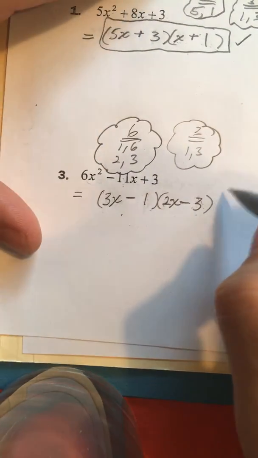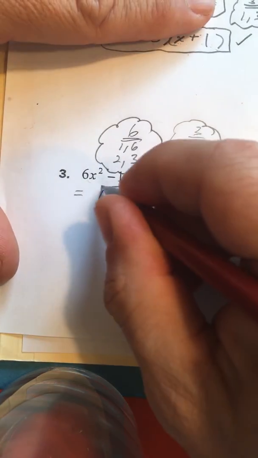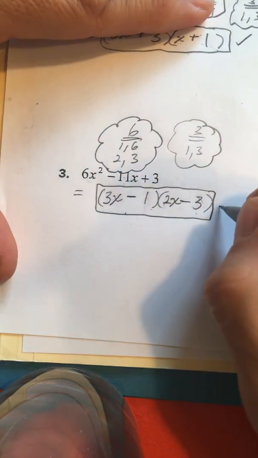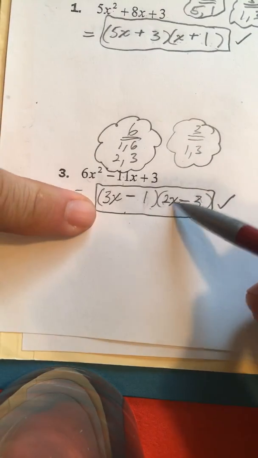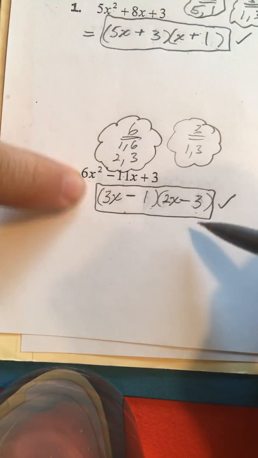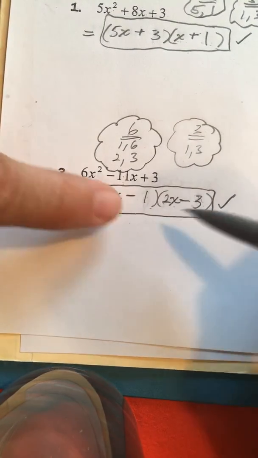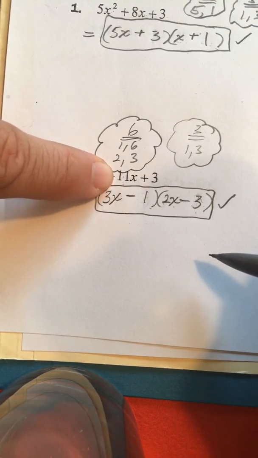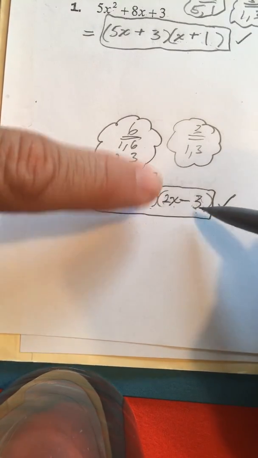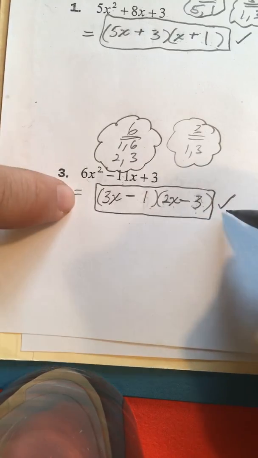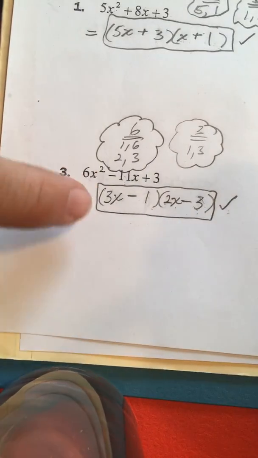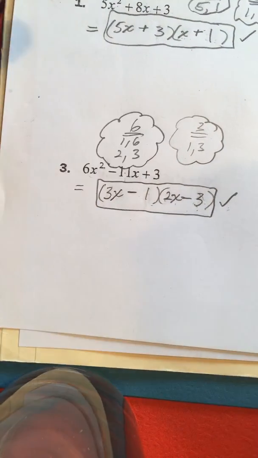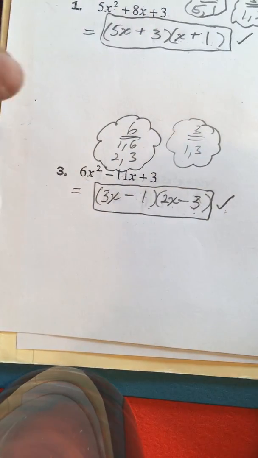And then just make sure in the end you go through and you check using FOIL. Do the first two give us 6x squared? Do the outer and the inner combined give us -11? And do -1 times -3 give us a +3? Well, then that is what we're looking for. These are our factors of this type 2 trinomial.